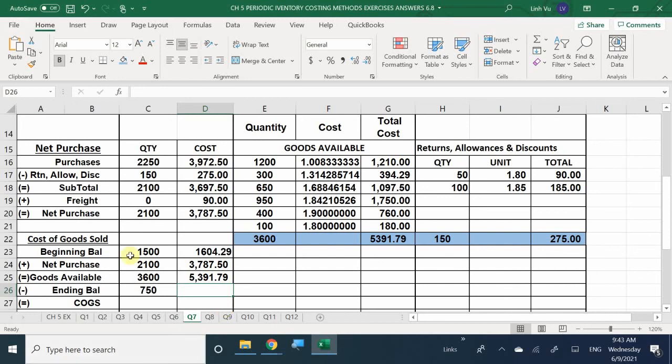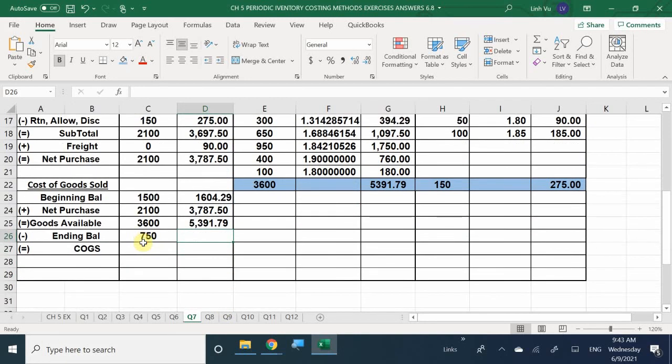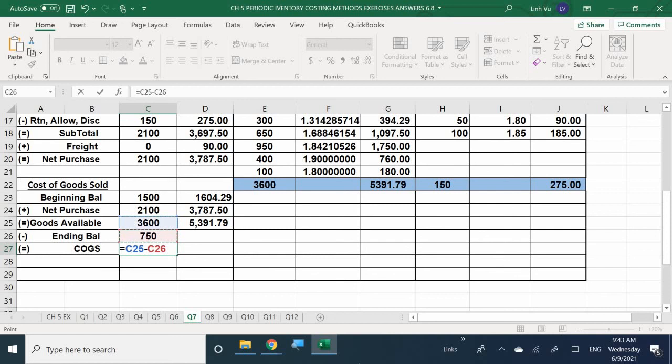So now we are going to solve for our cost of goods sold. The first question is how many items did I sell in grand total? 2,850. Good.